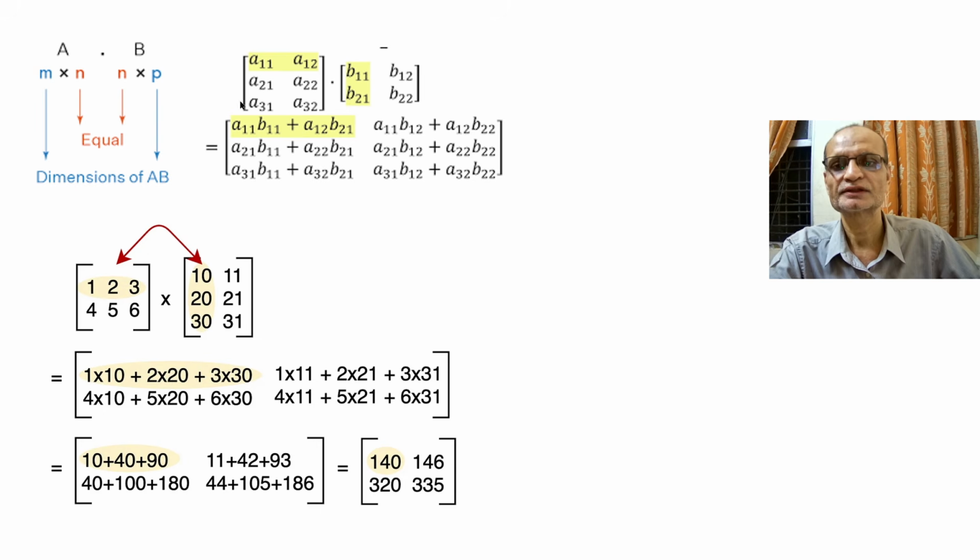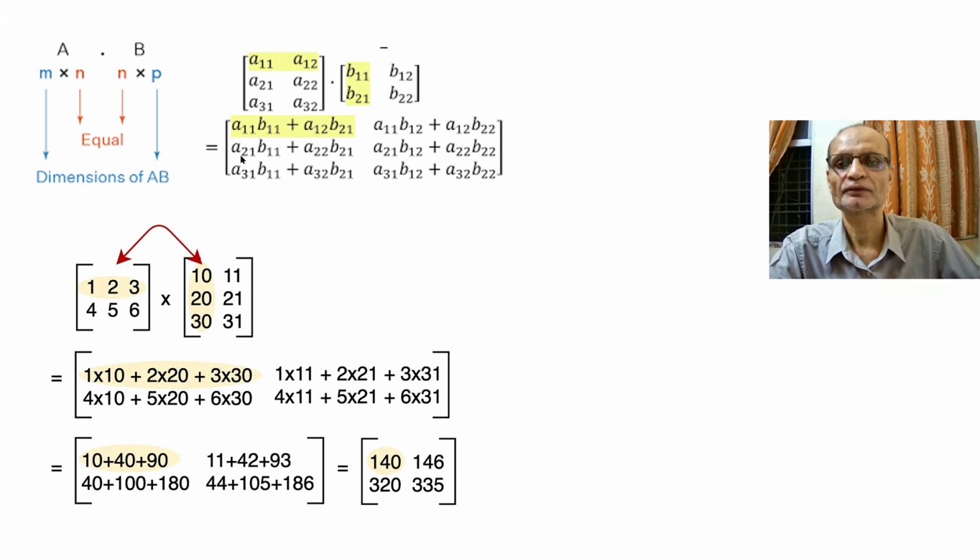This gives me the very first element, that is, the 0th one. Similarly, if you want the next element on the same row, you take a11 multiplied by b12, that means this column, and then a12 multiplied by b22. This gives the second element.